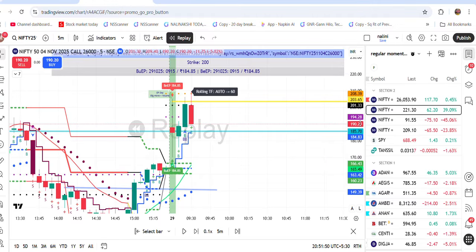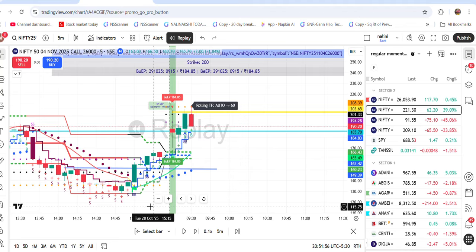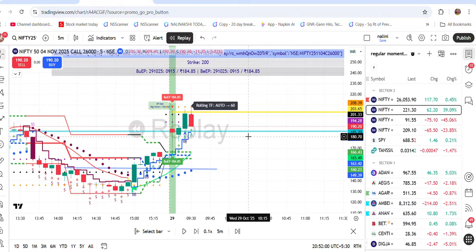If I go to the 26,000 call option, it is telling 184 is the price level. 184 is the EP level, it is telling. Buy EP 184. So I have already marked 184. I'll be taking the trade when EP is triggered.